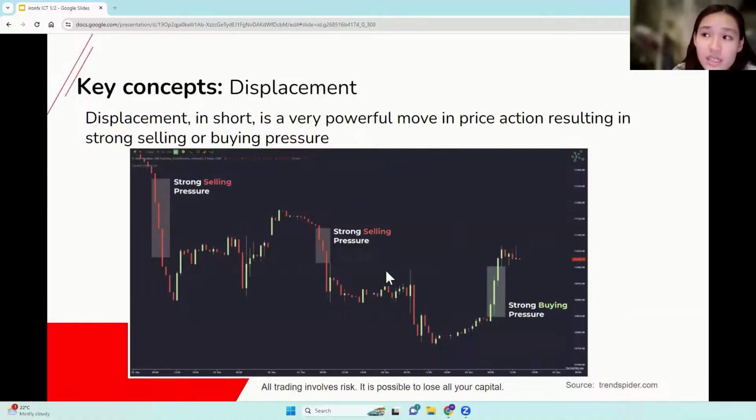You can see in the image here, strong selling pressure would look like these candlesticks, which have large real bodies and very short wicks, and that suggests there is very little disagreement between buyers and sellers. If we are looking at strong buying pressure, like the one over here, similarly, the body of a candlestick is long, whereas the candle wicks are pretty short.